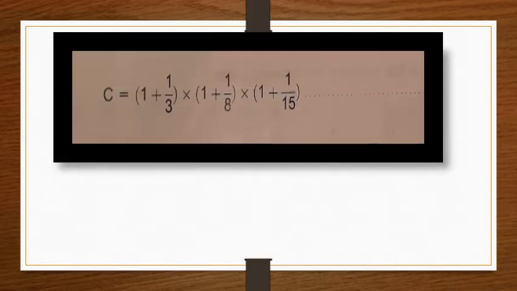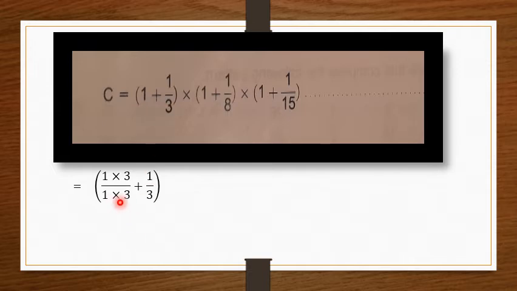Part C. Here we have (1 plus 1 over 3) times (1 plus 1 over 8) times (1 plus 1 over 15). Since we have parentheses, the priority goes to solving what's inside the parentheses. Here 1, it's over 1. Okay, but what should we do? I have to find the same denominator, which is 3. How?